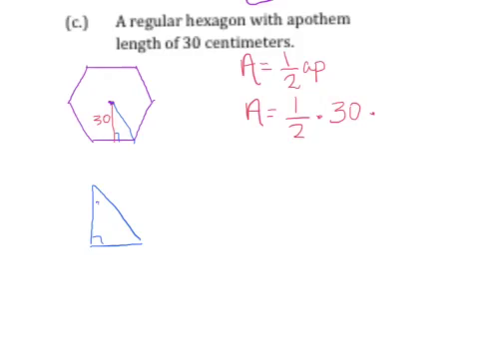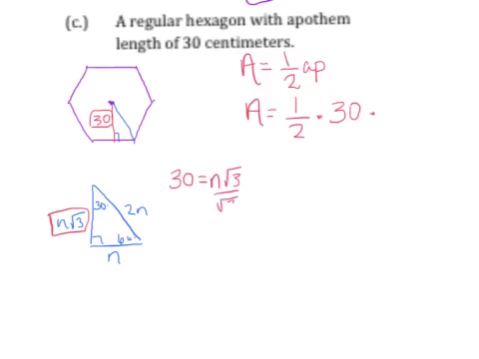So this right here is 30 degrees, 60 degrees, n, n root 3, and 2n. Well, I know that 30 equals n root 3. Let's solve that for n.